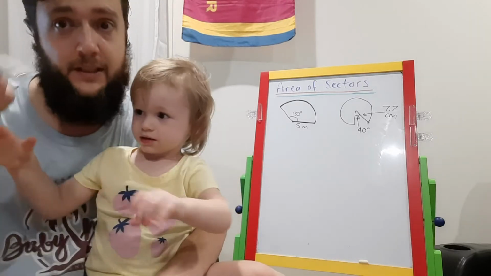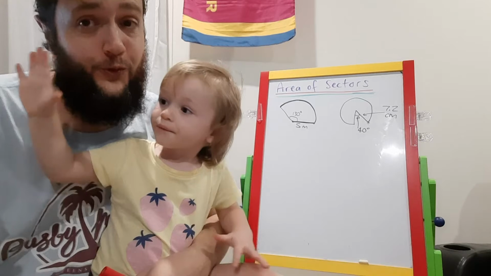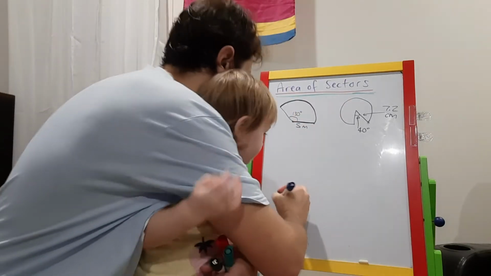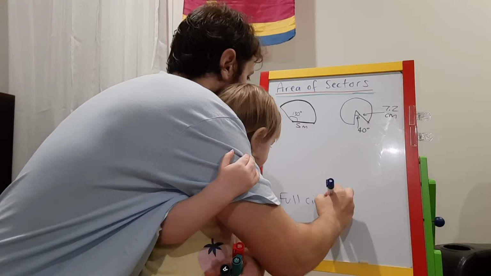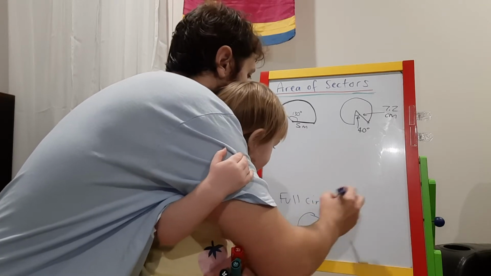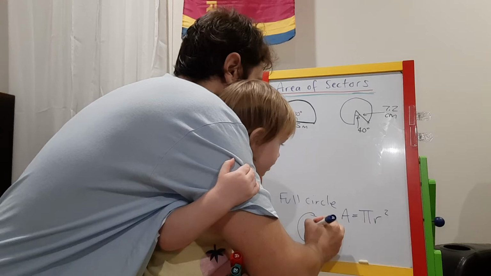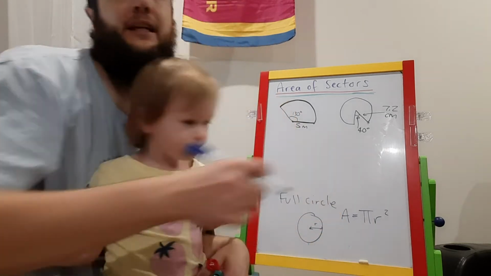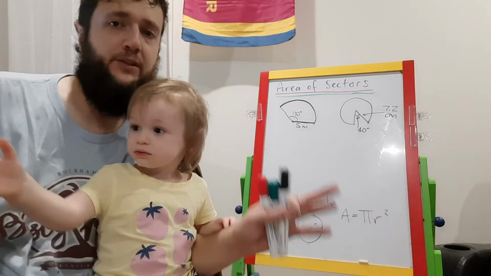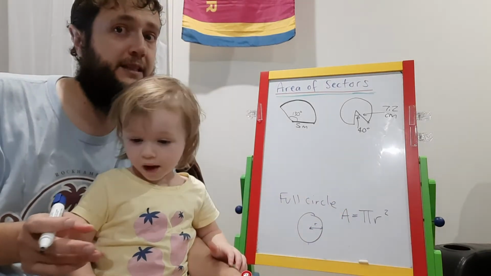The area of a full circle was pi r squared, where r is the radius, the thing in the middle there. And we had to be careful because sometimes we're given the diameter rather than the radius, and we needed to make sure in that formula that we use the radius.